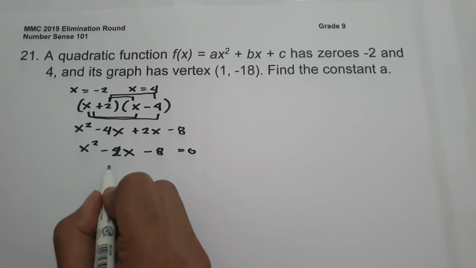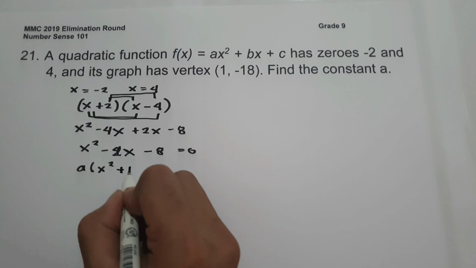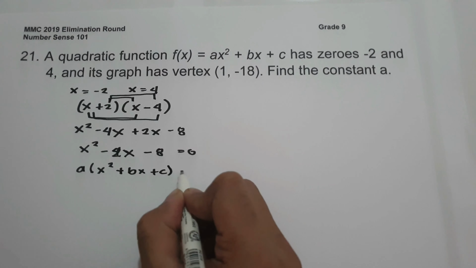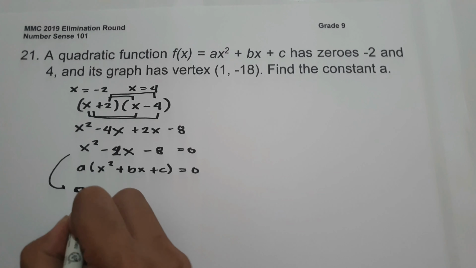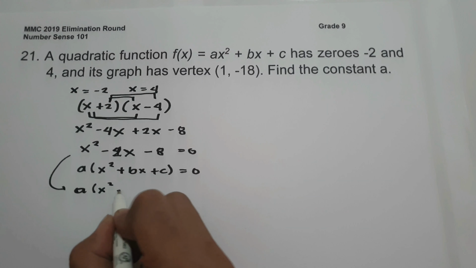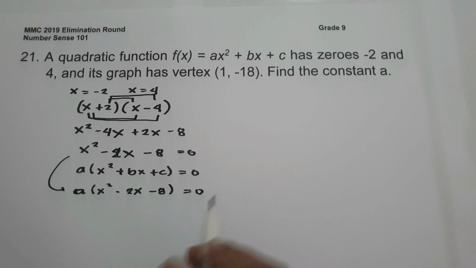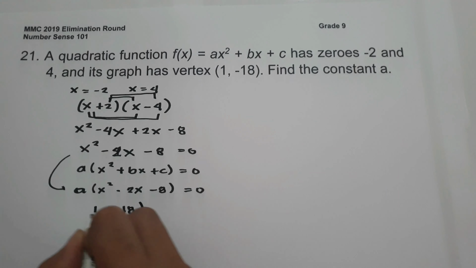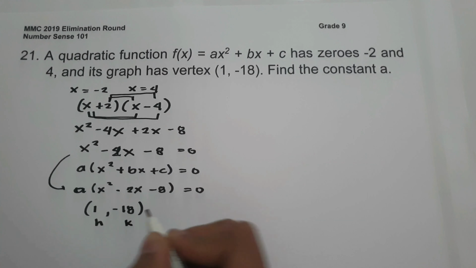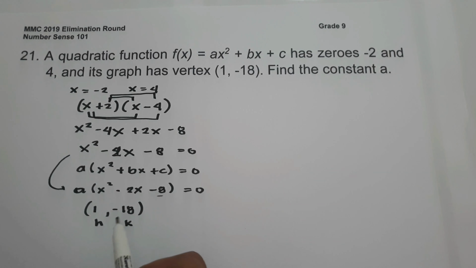So let me write a times x squared plus bx plus c equals 0. This will be a times x squared minus 2x minus 8 equals 0. Since we have the given vertex, that is (1, negative 18), so this will be h and k, we are going to compare the value of k in this equation to the given vertex.